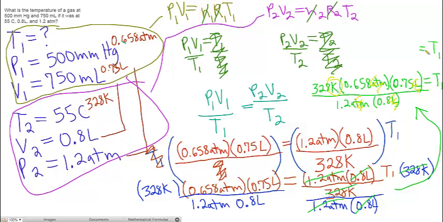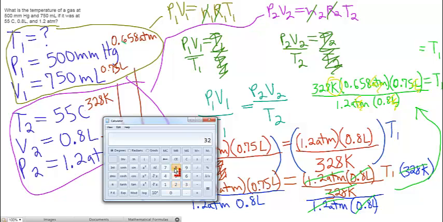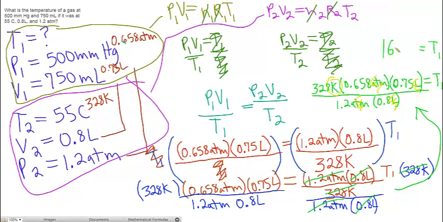T1 equals 328 times 0.658 times 0.75 divided by 1.2 divided by 0.8. The temperature is going to be roughly 169 Kelvin. That is your final answer.